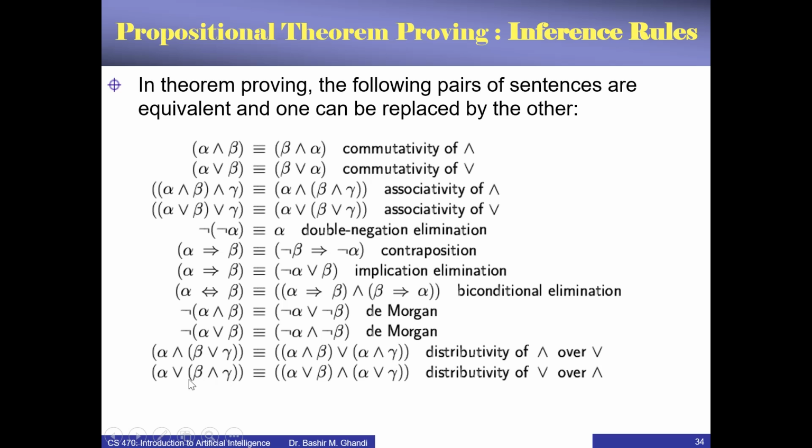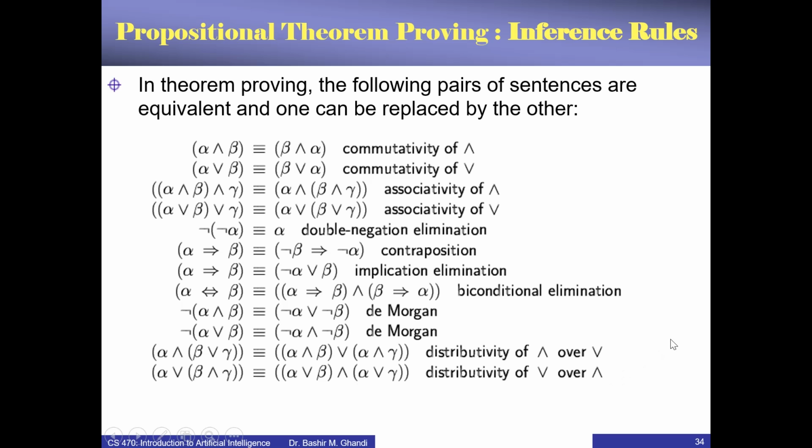The other one is the opposite. We're going to distribute over the or. So alpha or (beta and gamma) is equivalent to (alpha or beta) and (alpha or gamma).